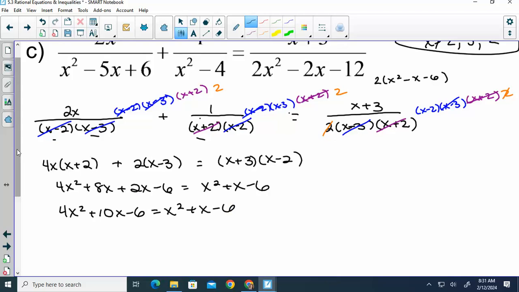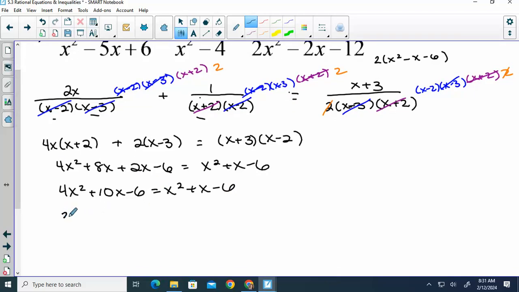So quadratic, set them equal to 0. If I subtract over my x squared, subtract over my x. When I add my 6, lucky for us, that cancels. And then we have a GCF.